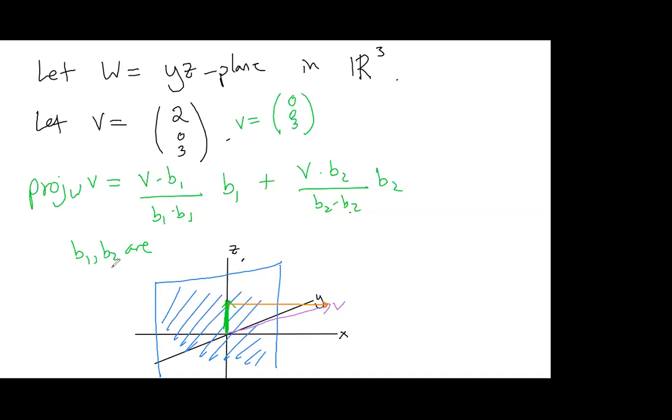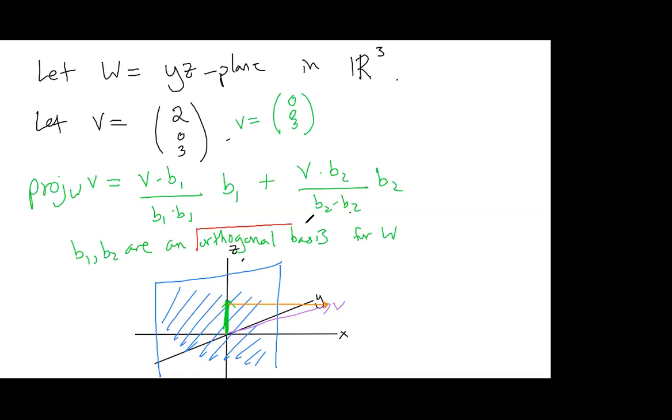So B1 and B2 are, you want to pick any two vectors that span W, but not just any two vectors, actually. They need to be orthogonal vectors that span W. So they need to be what's called an orthogonal basis for W. Right, and this is pretty important.